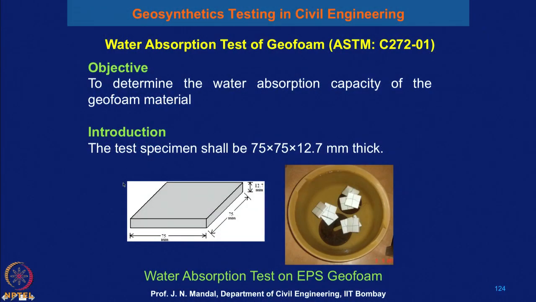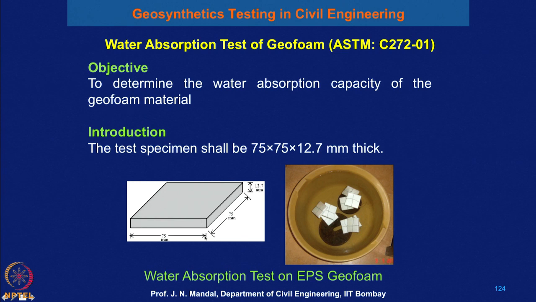The water absorption capacity of the geofoam material can be determined as per ASTM C272. The main objective is to determine the water absorption capacity of the geofoam material. For the test specimen, you can see the sample here: this is 75 by 75 and 12.7 millimeter thick.